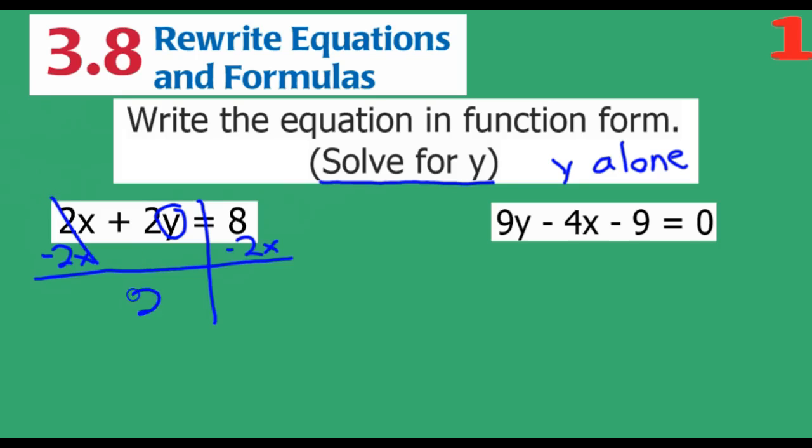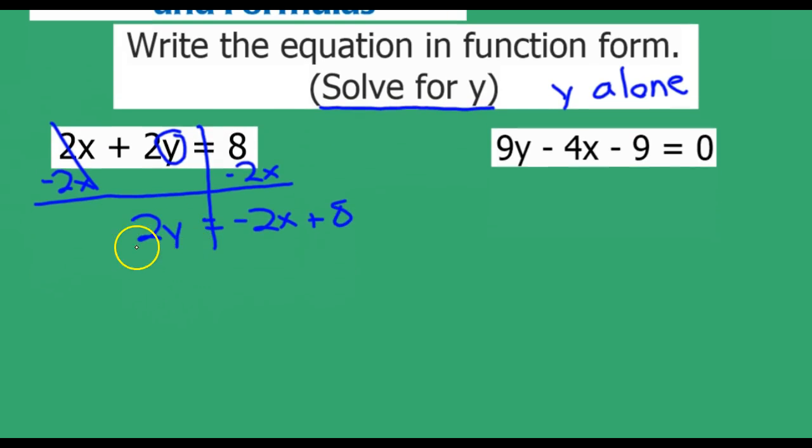What I'm going to be left with is 2y equals, now I can't combine negative 2x and 8 because the 8 doesn't have the x on it. So what I'm going to do is leave it negative 2x plus 8. So I have 2 divided by 2.